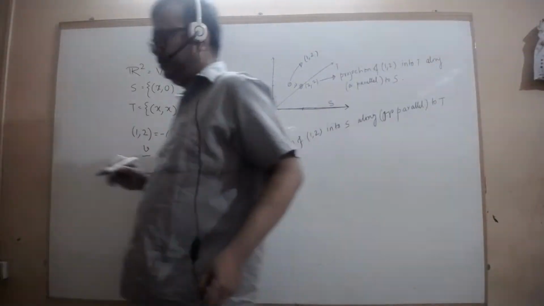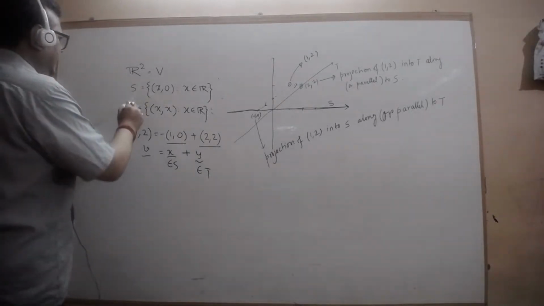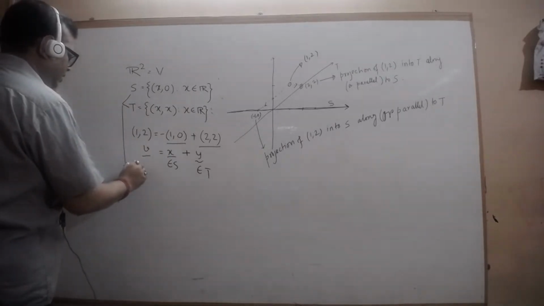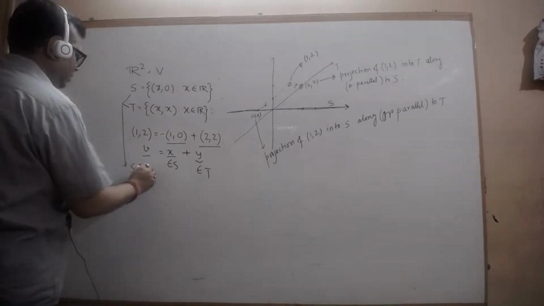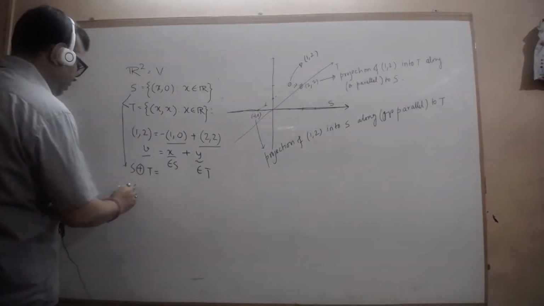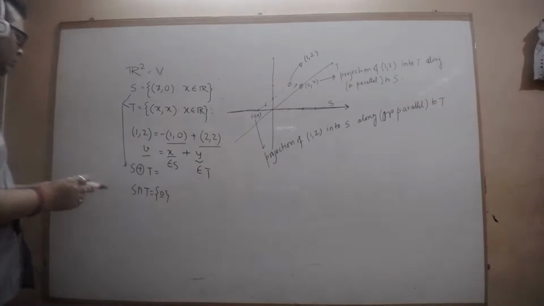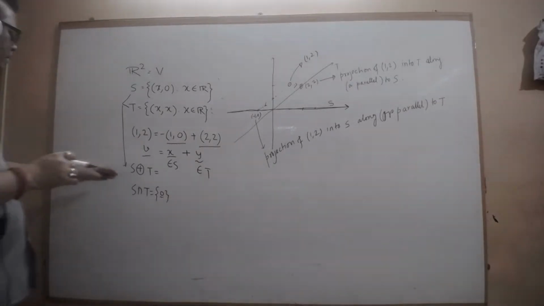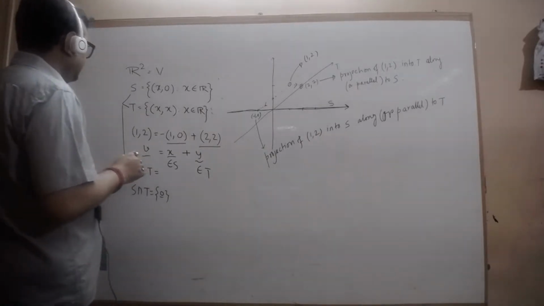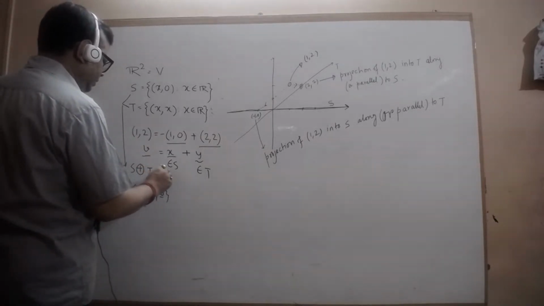So this S and T, you also check that the intersection contains only one element, that is the origin. So S and T are disjoint, and S plus T is a direct sum which gives R square.